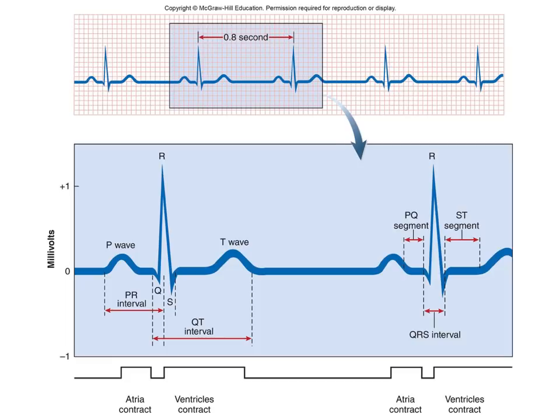Now, each collection of electrical changes that you see going across the screen represents the electrical changes during one cardiac cycle. So if you were to count the changes going across the screen, you can see that there are 5 individual cardiac cycles being represented across this grid.